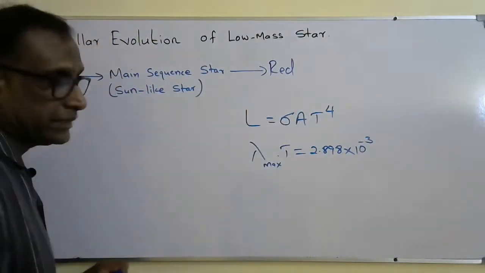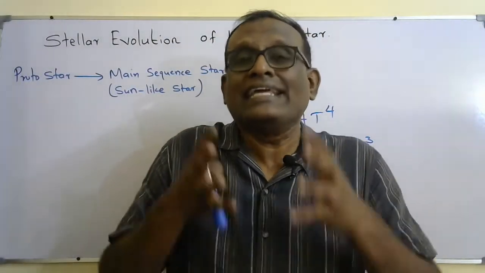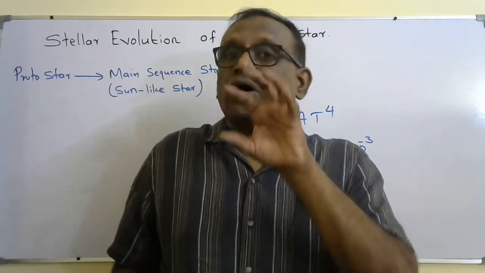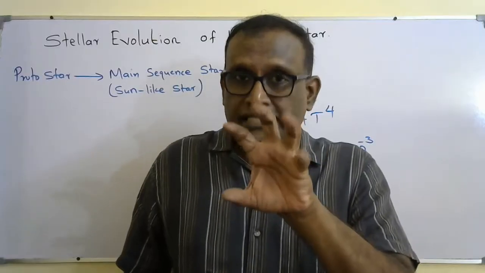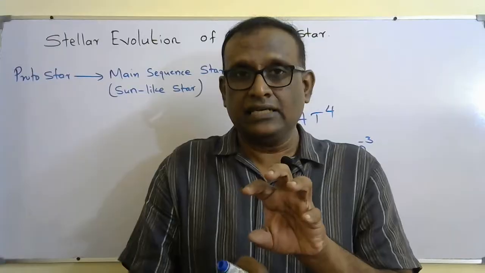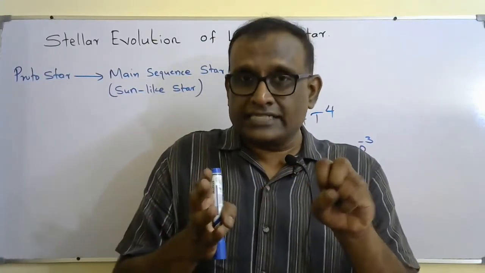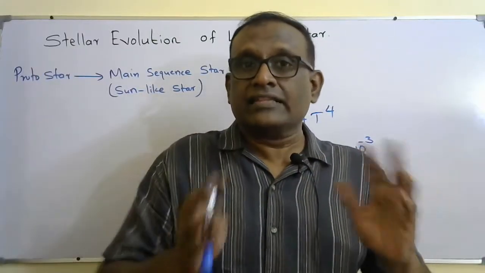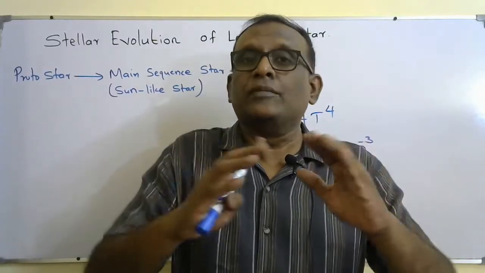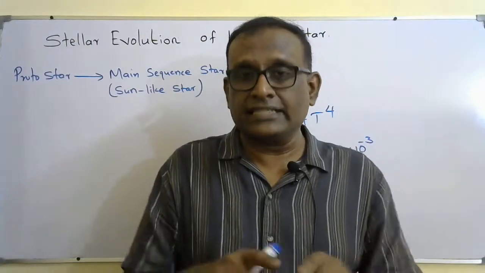So the red giant state occurs when the core is occupied by helium, and inside the core there is no hydrogen fusion, so the core is shrinking, but there could be a little bit of hydrogen fusion in the outer layer. When the core shrinks, the temperature of the core will increase and heat will be radiated. That heat will fuse hydrogen in the outer layer, and there will be outward radiational pressure from the outer layer.